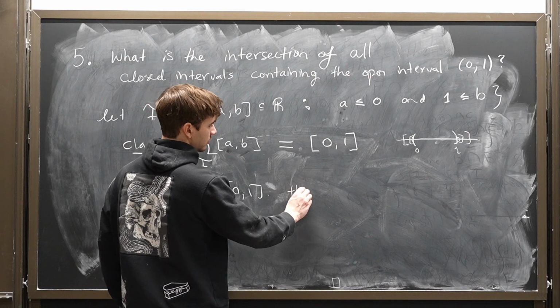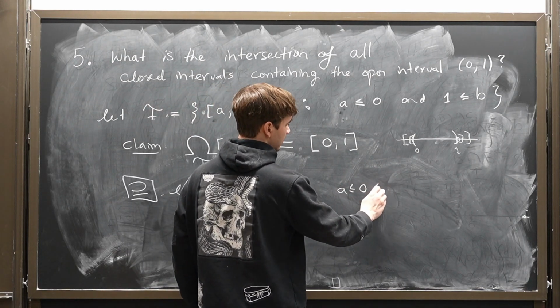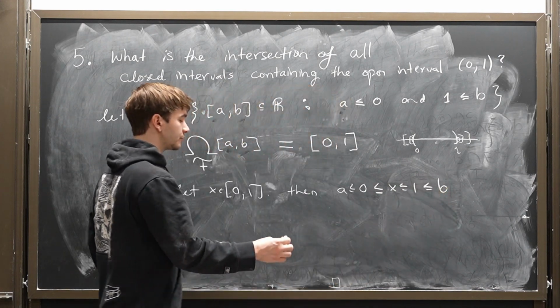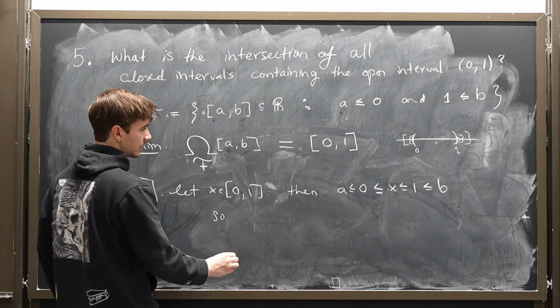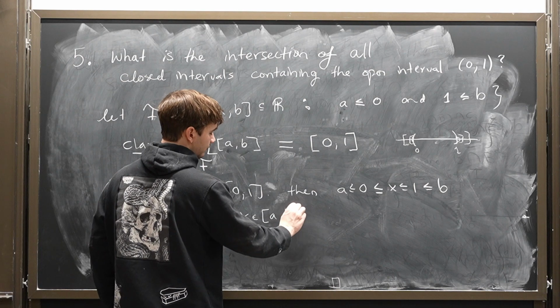Okay? So then we can say that A is less than or equal to 0, is less than or equal to x, less than or equal to 1, is less than or equal to B. So x is within [A, B].